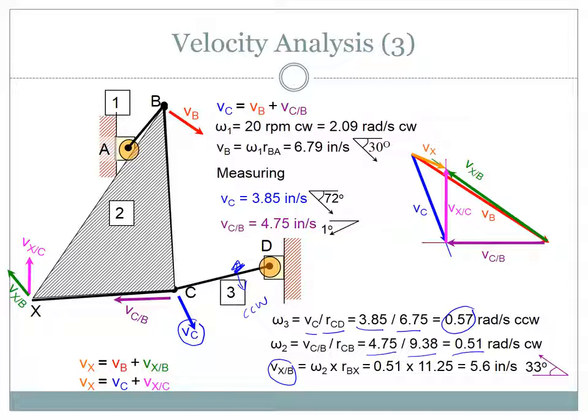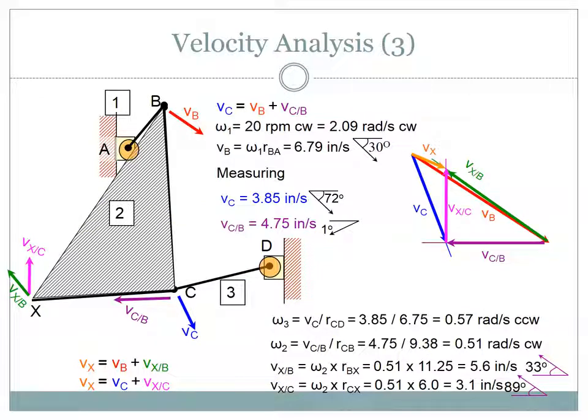In this case, omega 2 is clockwise, so VXB will be in the same direction as omega 2. Vxc equals omega 2 times RCX. So we got 3.1 inch per second. Vxb equals 5.6 inch per second. Alright. So we have got all the values now.